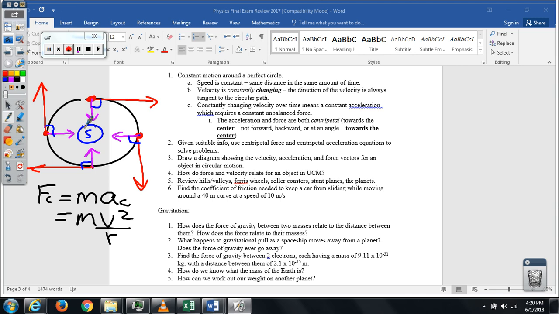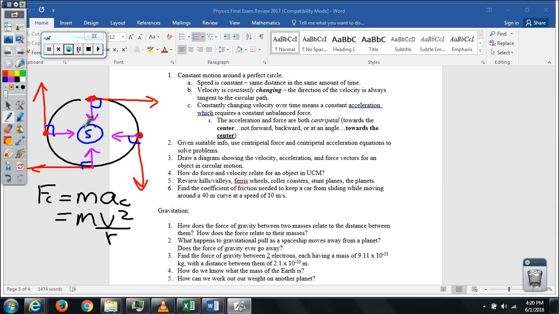You can get at least some decent idea of what's going on. There are satellites, though, that are placed into circular orbits, and so the circular motion equations are all we need to talk about the orbits of many different satellites.